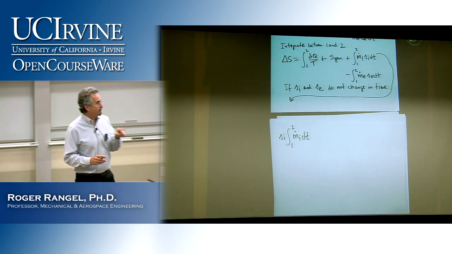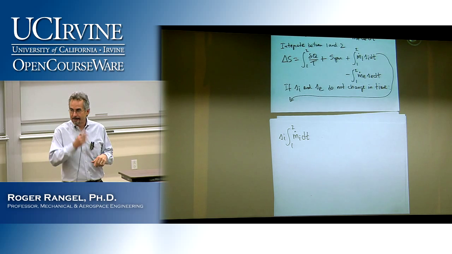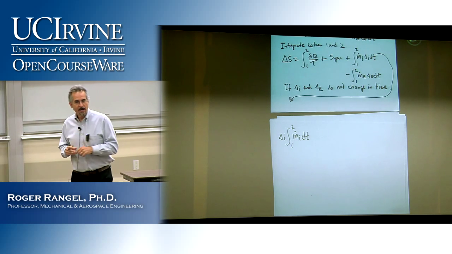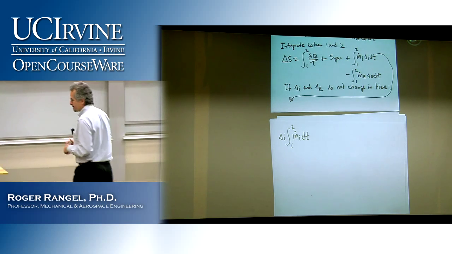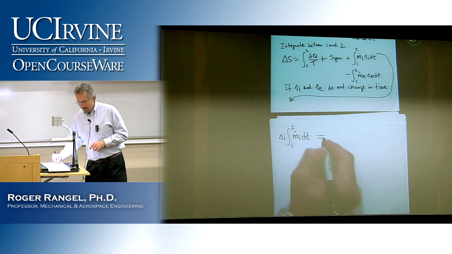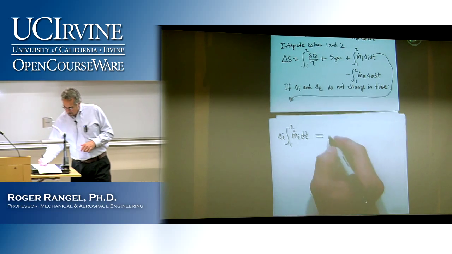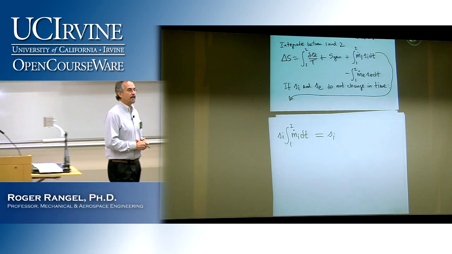And what is that integral? What is the integral of m dot i dt from beginning to end? In fact, Si is there. All you have to do is tell me what the integral boils down to.